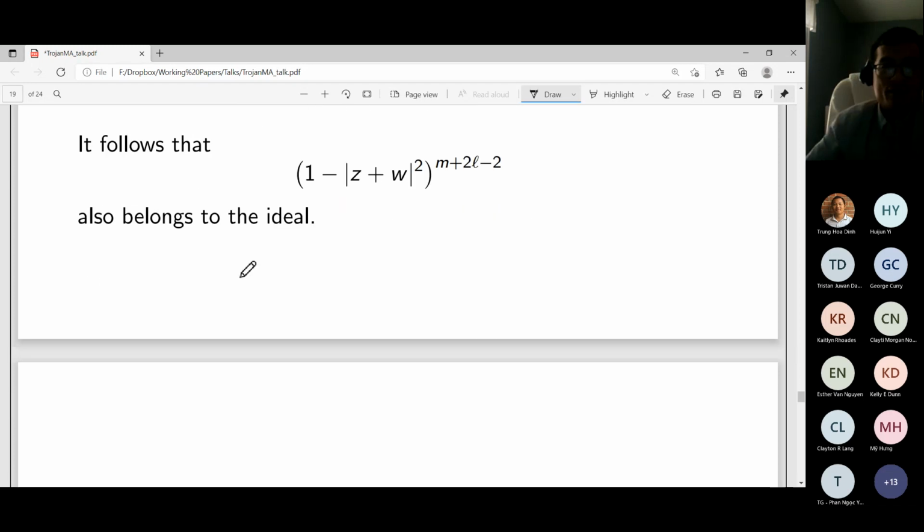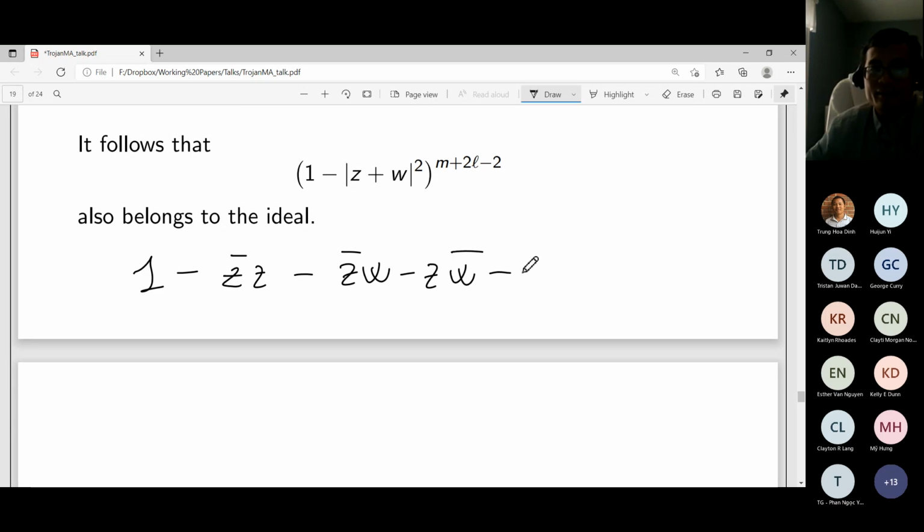The idea is you just expand it out. We have Z bar Z, and then Z bar W, Z W bar, and then W bar W. We want to show this whole thing to the power m plus 2L minus 2 belongs to the ideal.